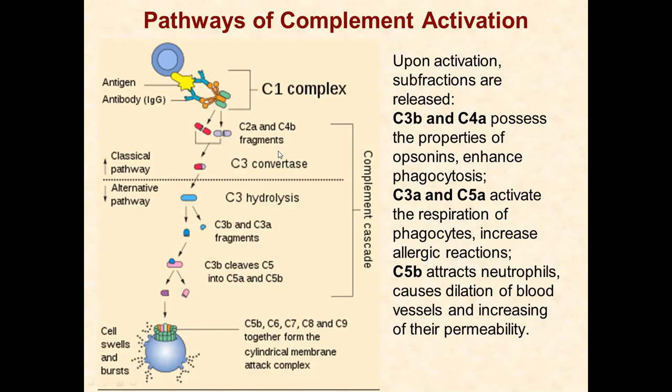Upon the activation of complement, some active subfractions are released. These fractions, C3b and C4a, have properties of opsonins, so they activate phagocytosis. These fractions, C3a and C5a, activate the respiration of phagocytes and the oxygen-dependent way of killing bacteria in them.